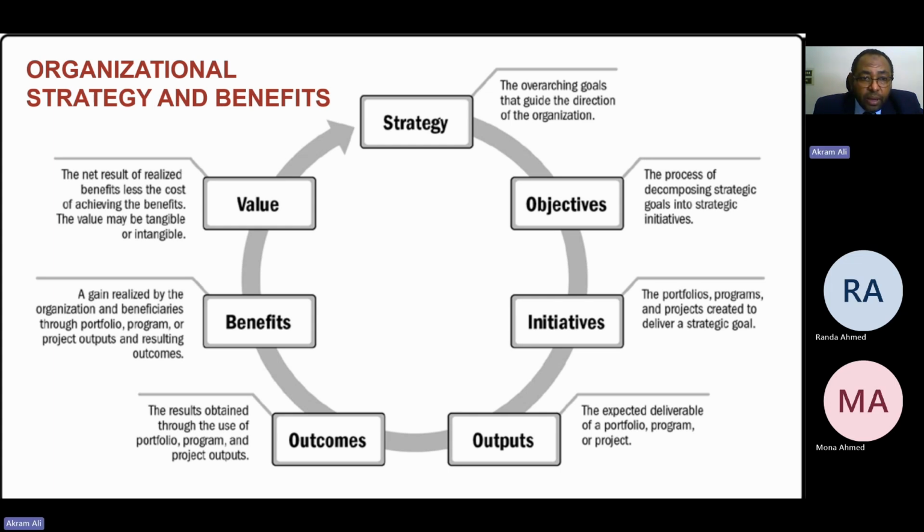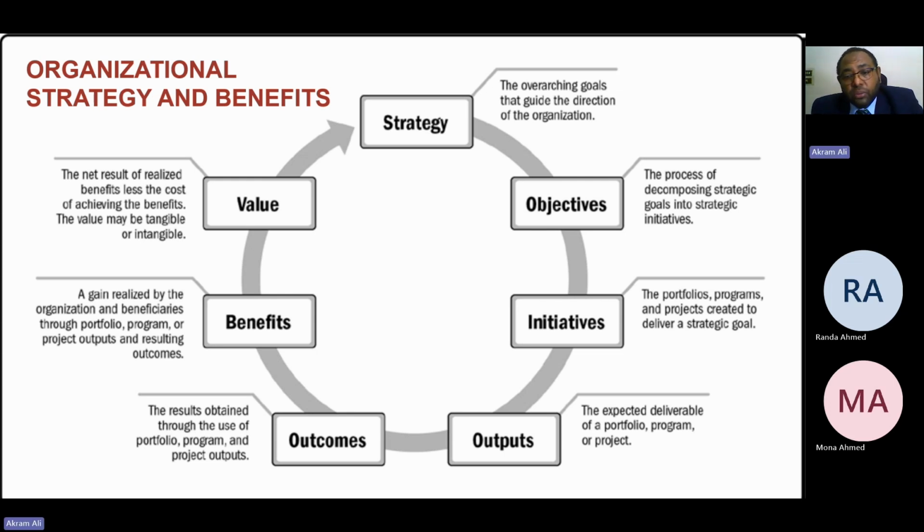Mapping out the organization strategy and benefits, we find it follows a certain loop, which is strategy. From strategy we get objectives, and we divide our objectives into initiatives. Initiatives produce outputs. Outputs collectively become outcomes.